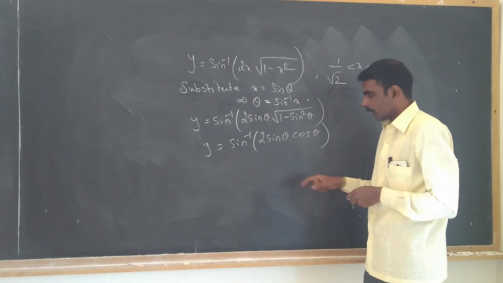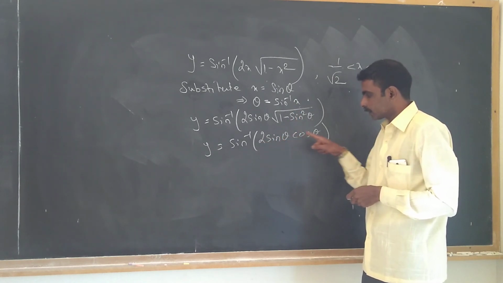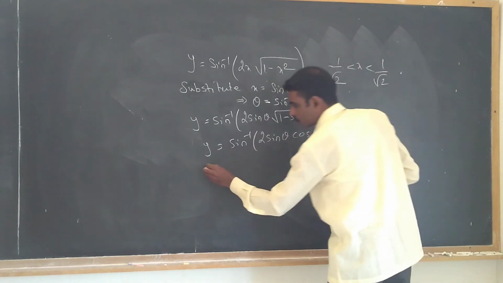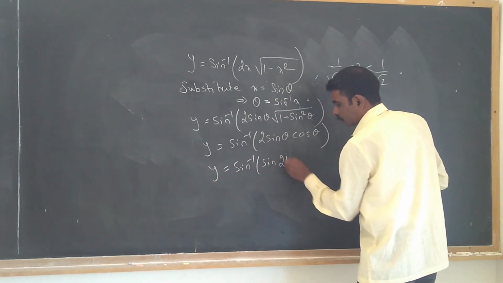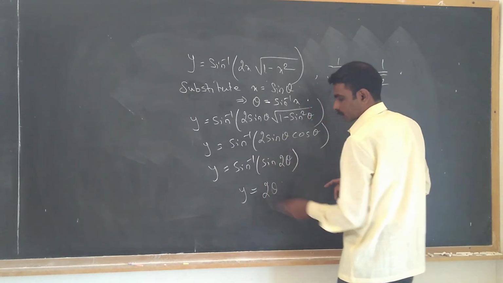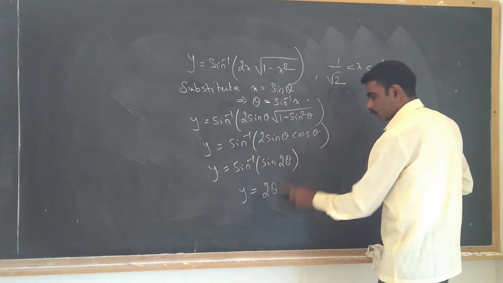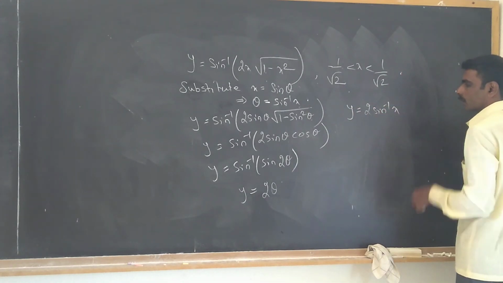Now there is a formula that sin 2 theta is 2 sin theta cos theta. So y is equal to sin inverse of sin of 2 theta. So y is equal to 2 theta, because sin inverse of sin is the angle. So y is equal to 2 into sin inverse of x.